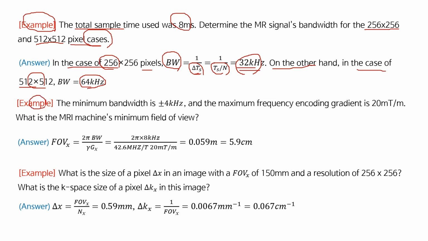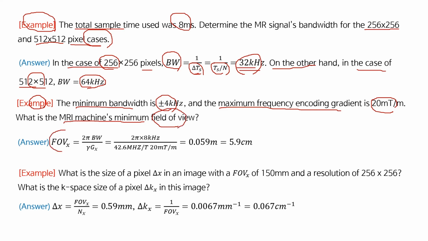Next example, the minimum bandwidth is plus minus 4 kHz, and the maximum frequency encoding gradient is 20 millitesla per meter. What is the MRI machine's minimum field of view?